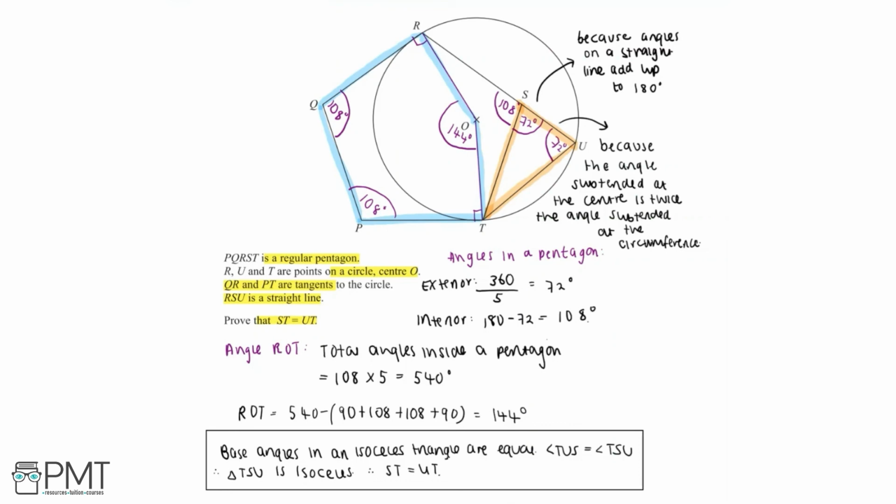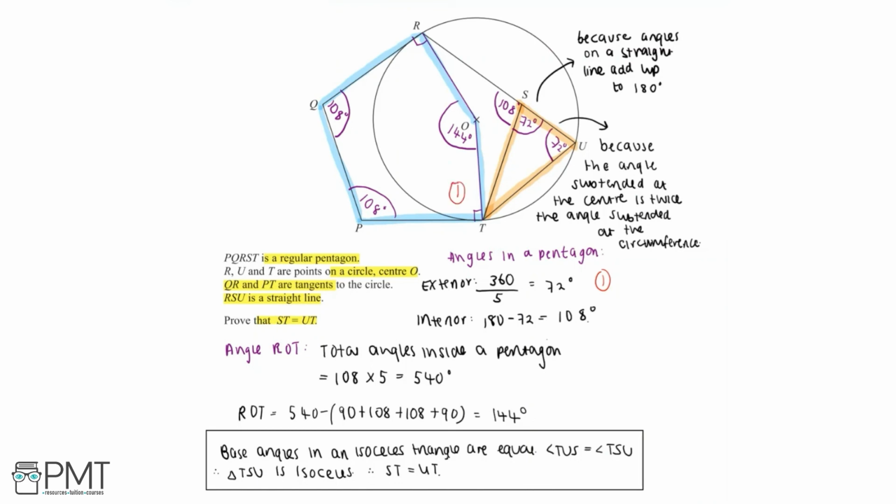Now this question is worth 5 marks, so let's take a look at where these marks are allocated. We get the first mark for a method to find the interior or the exterior angle of the regular pentagon. We get the second mark for using the angle between the tangent and the radius, and for correctly identifying this as 90 degrees.